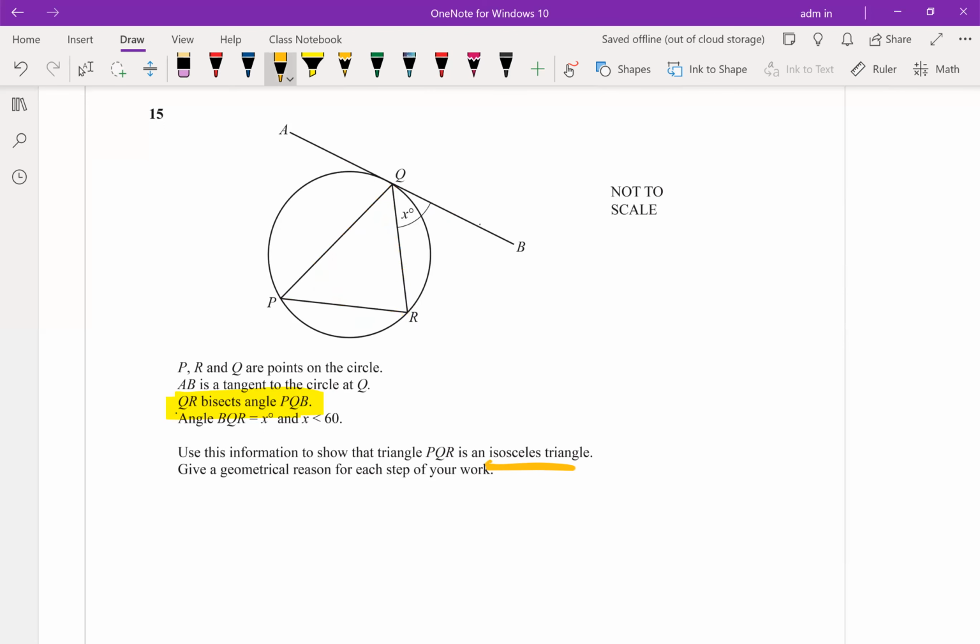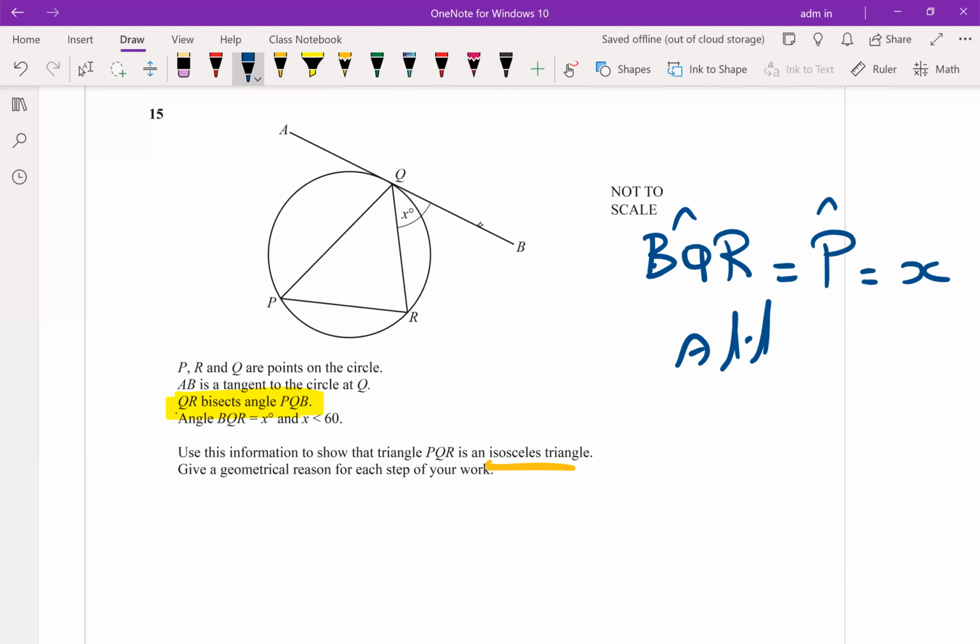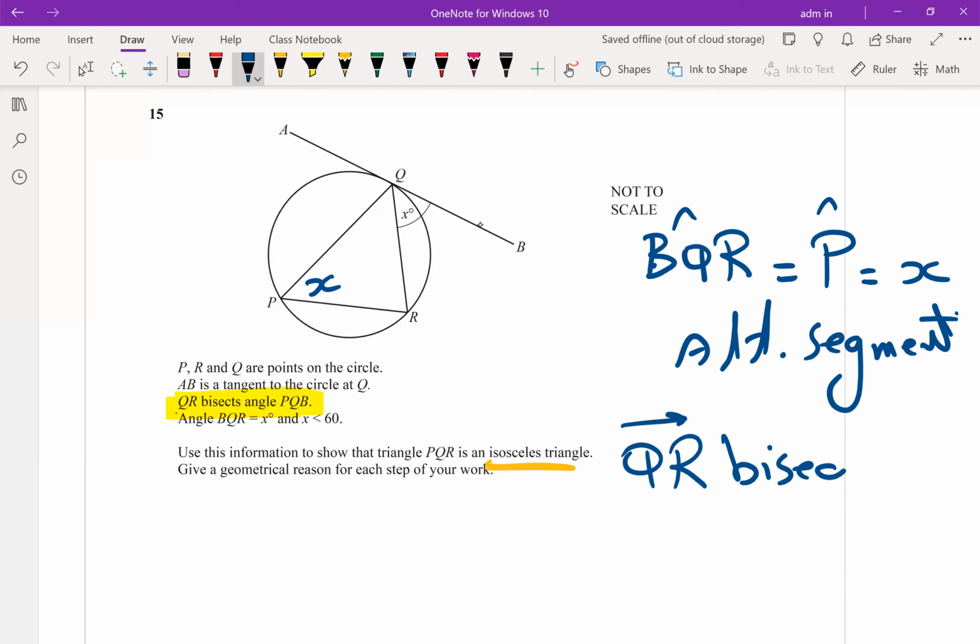How should I show that it is isosceles? How to show your working out? Step number 1: angle BQR equals angle P, each is x. Give a reason: alternate segment. This is step number 1. Step number 2: QR bisects the angle PQB.